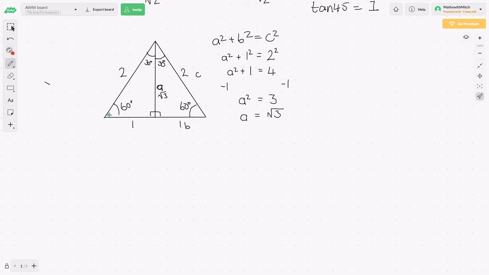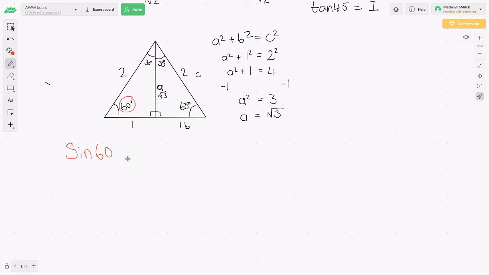So now we've got all the information of that triangle, and now we can look at applying trigonometry and finding out what the value of sine, cosine and tan is for each of the angles in these triangles. So firstly, let's start with sine. I'm going to apply it to this angle here.